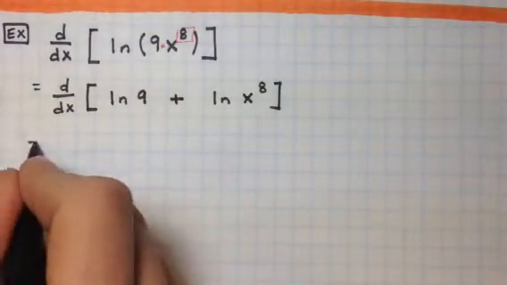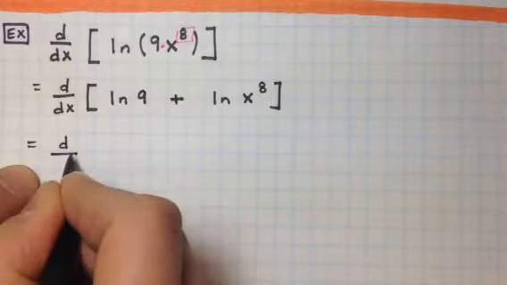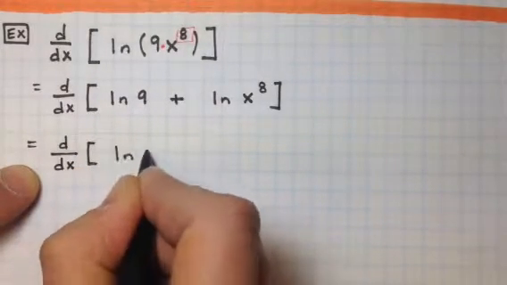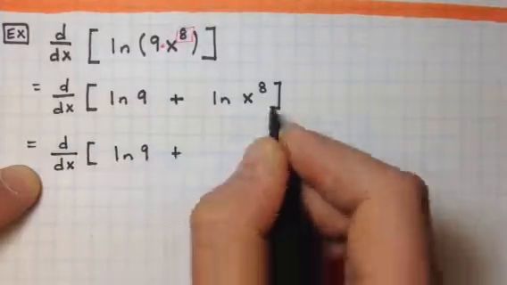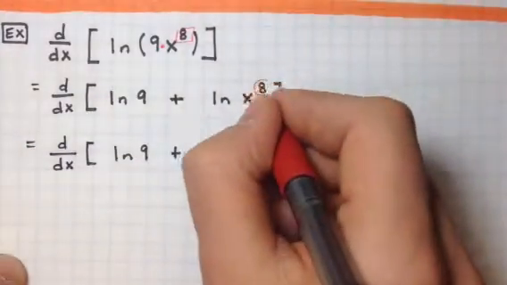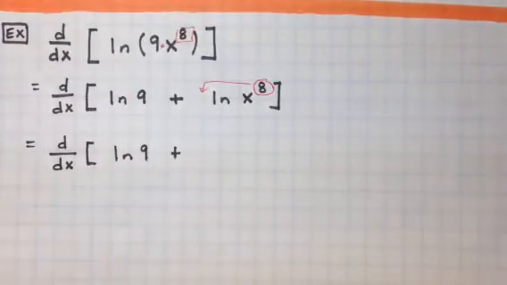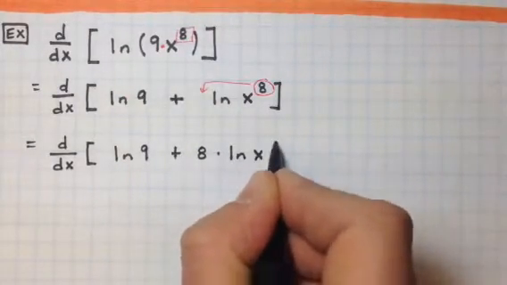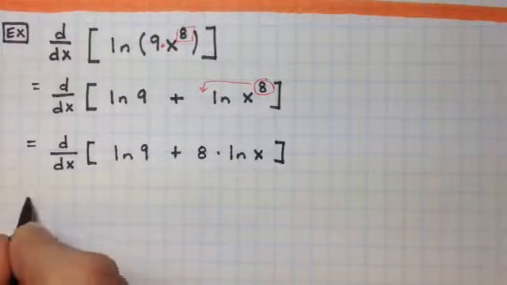But that's not all. We could break this down further into the natural log of 9 plus, let's take that exponent and pull it in front, 8 times the natural log of x. And now we evaluate.